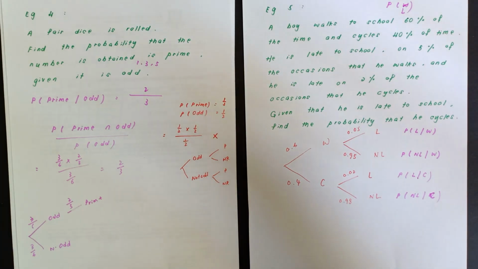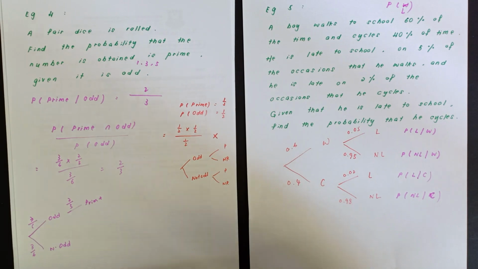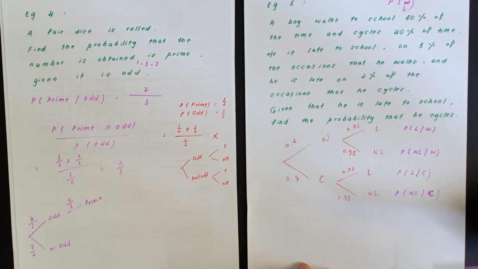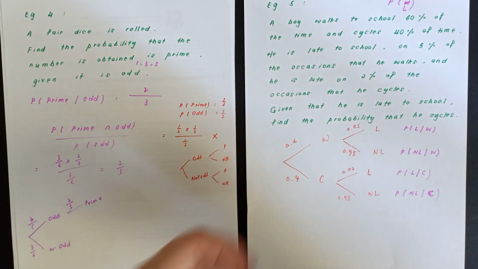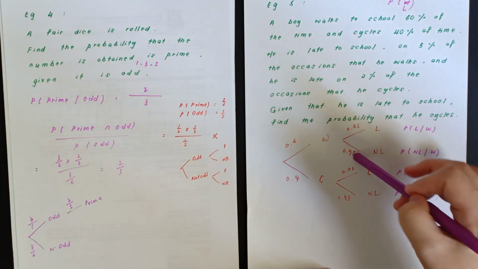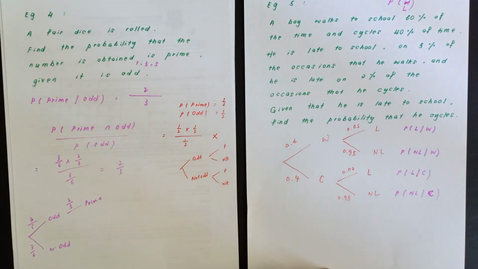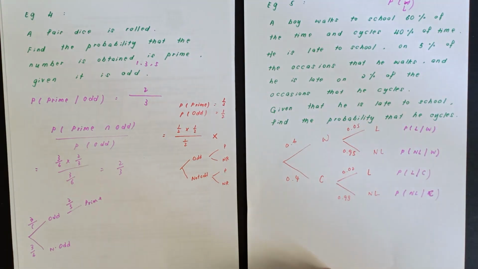So for all this kind of question, they already put everything nicely for you without telling you that this is what it means. Because they didn't compute everything, it is in percentage and you need to find this out by yourself, and this is why you feel confusing. Okay, so for this one, if you want to find the probability that he cycled to school, then it's very easy lah.